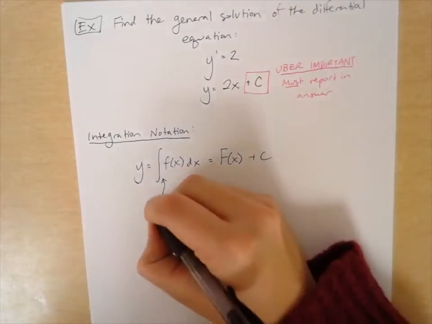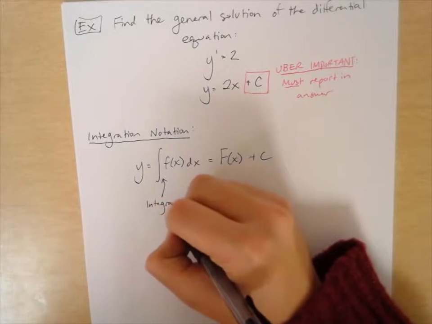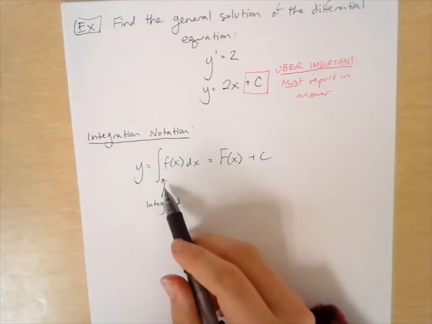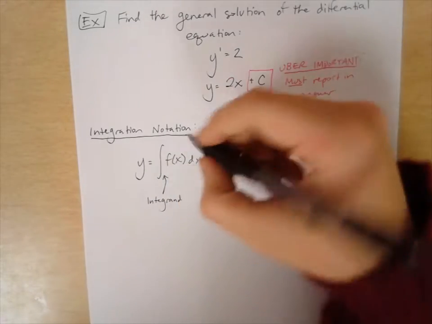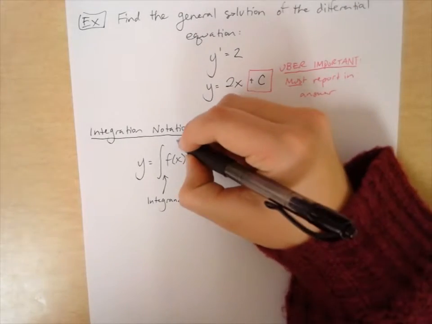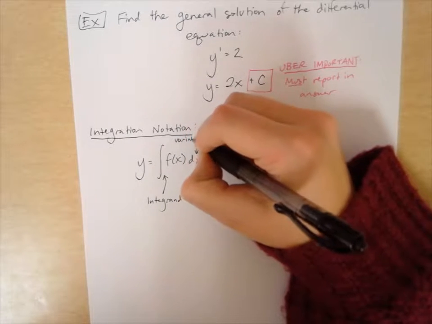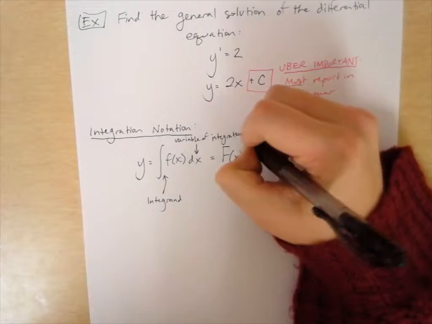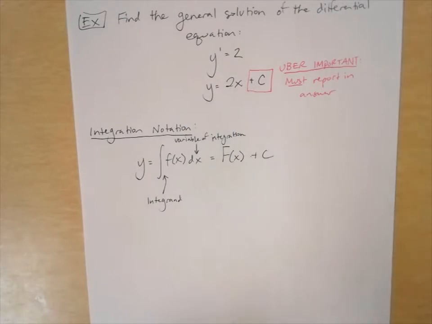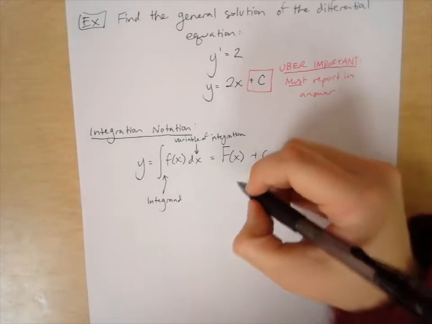This curly symbol is called an integral sign, and that's what tells you that you're taking an antiderivative. And we call this the variable of integration. It tells you what you're taking the integral with respect to.